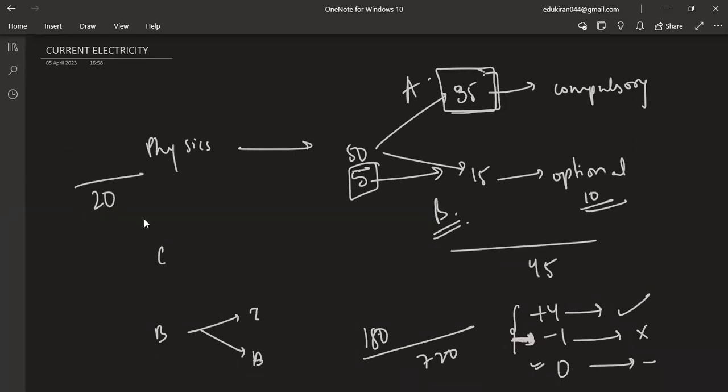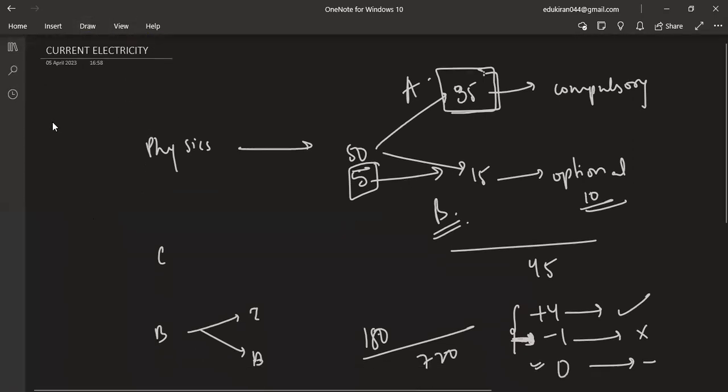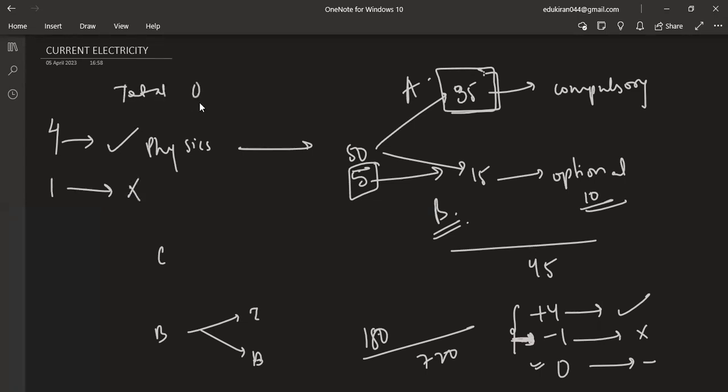Let's say it in this sense: total questions were 5, so 5 into 4, that is 20, was the total marks. Now see, if you had attempted 4 questions correctly and left the incorrect one, you would have got 4 into 4, that is 16 on 20, right?